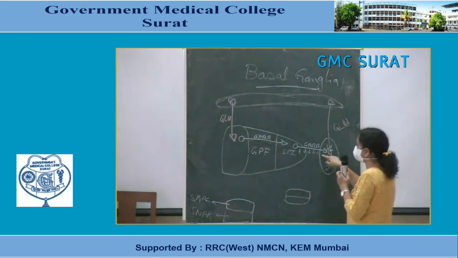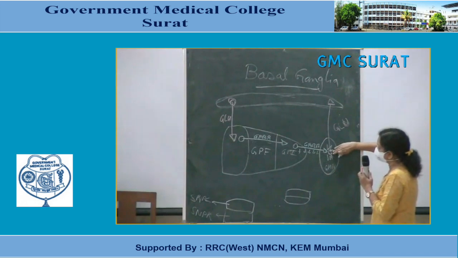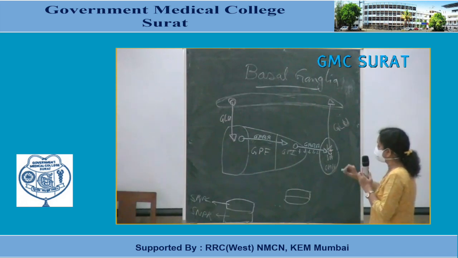If this rate is reduced, then what will happen? The fibers which are originating in the thalamic area, which area? Ventrolateral nucleus, ventral anterior nucleus, and the centromedian nucleus.